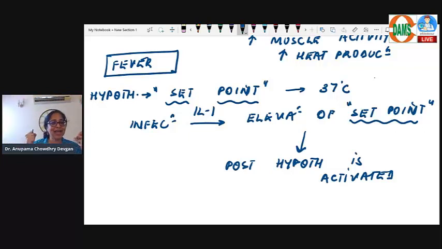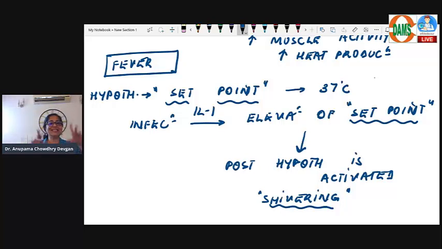So shivering and rigors are so commonly seen. Have you understood? The posterior hypothalamus sets into motion shivering to reach the new set point of 40 degrees Celsius. So this is what happens in the case of fever.